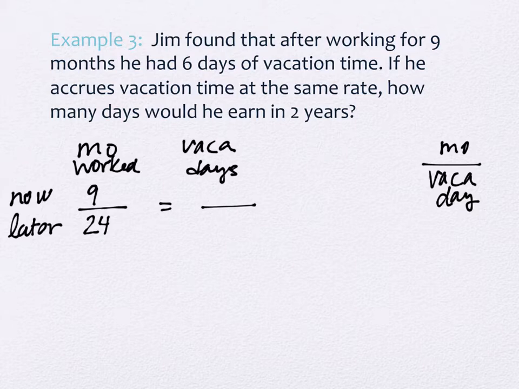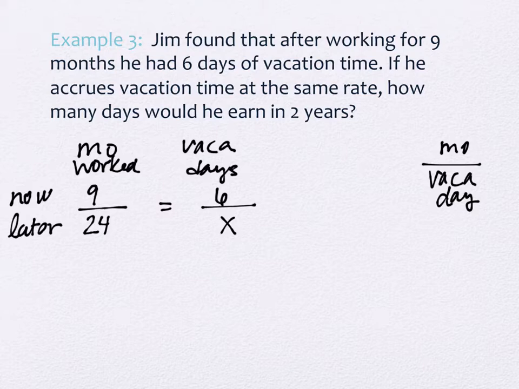Does everybody understand where the 9 and the 24 came from? Okay. So how about his vacay days now? How many vacation days does he currently have? 6. And in fact, what's missing is how many he will have later. And of course, this is assuming he's not taken them all, but at least it will tell you how many he's earned, right? Either way.